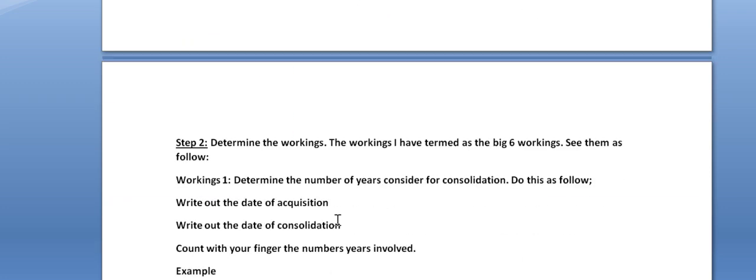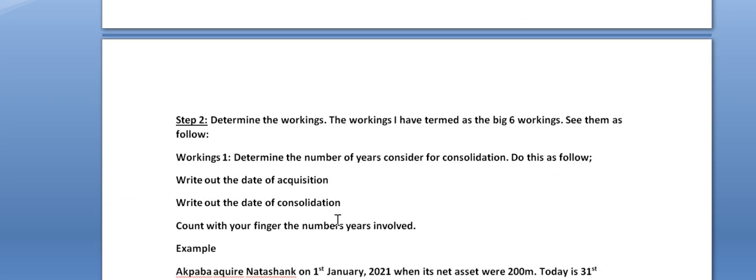I said you are going to do the next 7 workings. Workings 1 is you determine the number of years that you are to consider for consolidation. How many years between acquisition and the date you are consolidating? In other words, how many years is between the date that the parent acquired the subsidiary and the date you are turning their financials into a single financial statement?